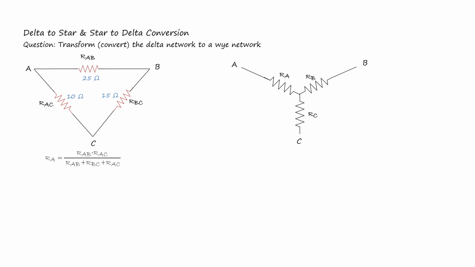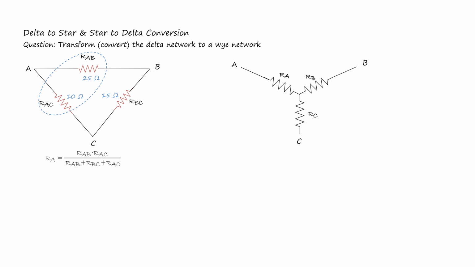RA is equal to RAB times RAC over the sum of three delta resistors. From the circuit, RAB is equal to 25 ohms and RAC is equal to 10 ohms.